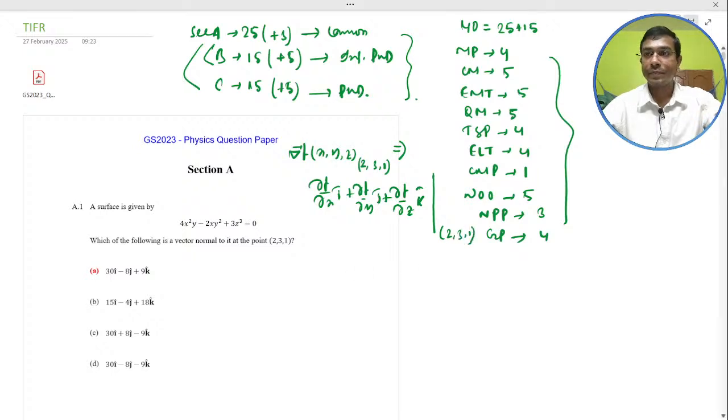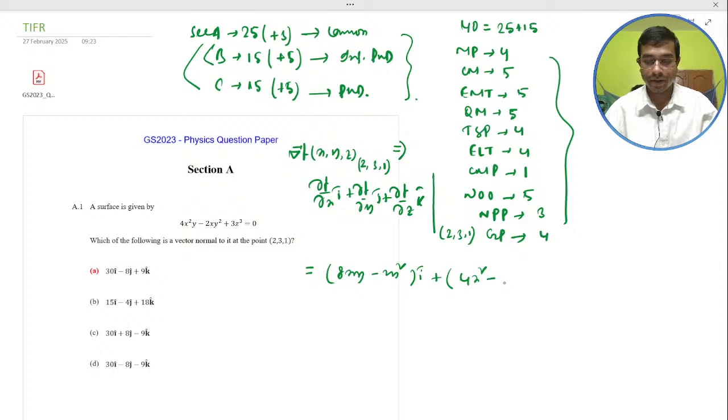Okay. So this is equal to, differentiating, the partial derivatives: (8xy minus 2y square) i plus (4x square minus 4xy) j plus 9z square k.